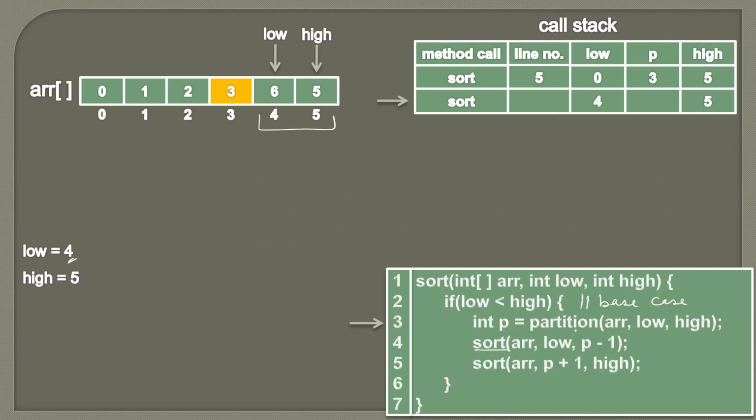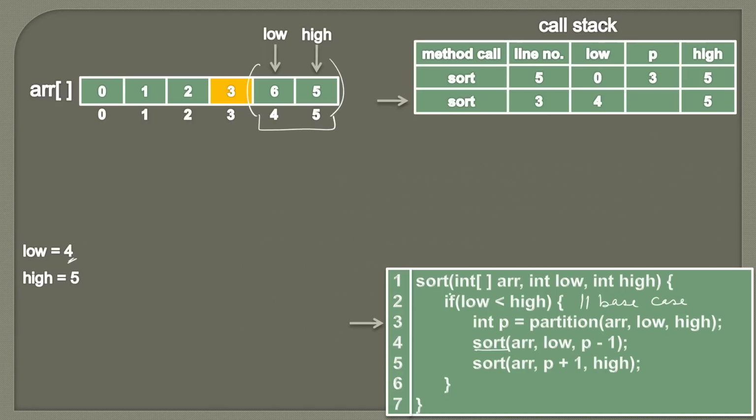So we call the partition method again. We pass in the range from low to high. We are telling it we need to partition the array of these 2 elements only. So this is our range. So when we are calling this partition method, we first update the line number here, and we have stored the state already in low and high. So line number 3 comes here.